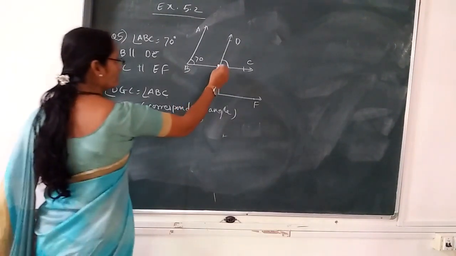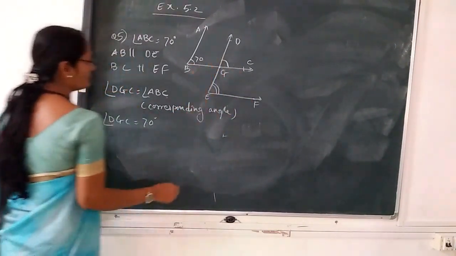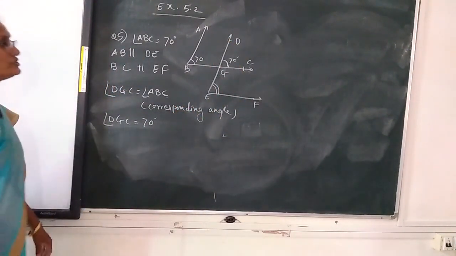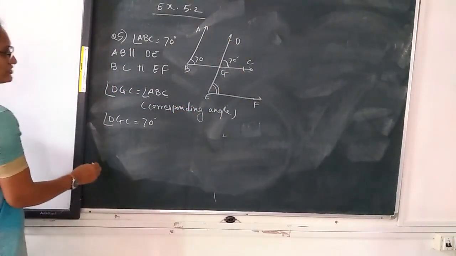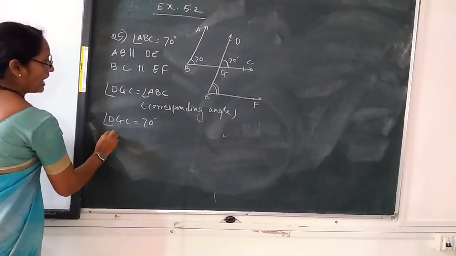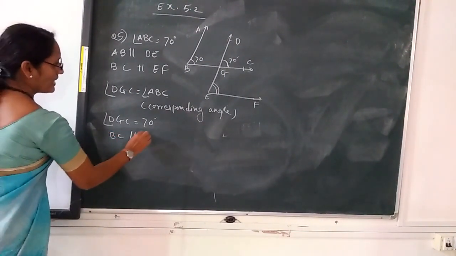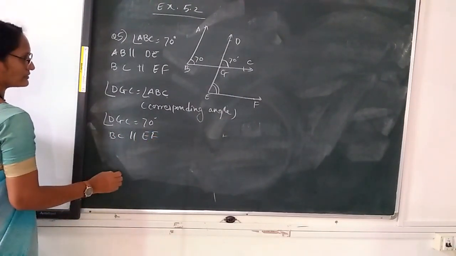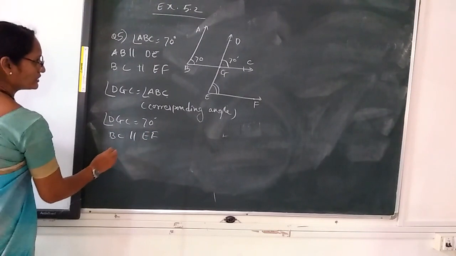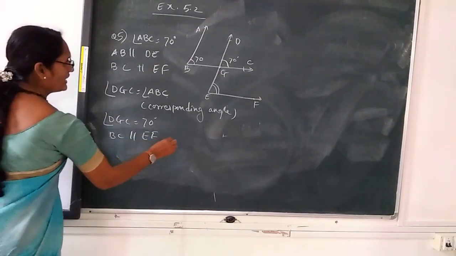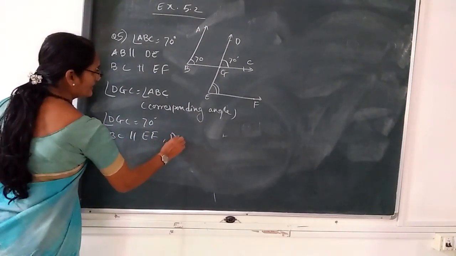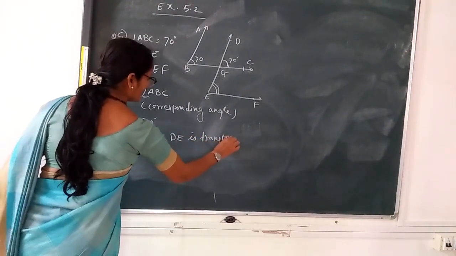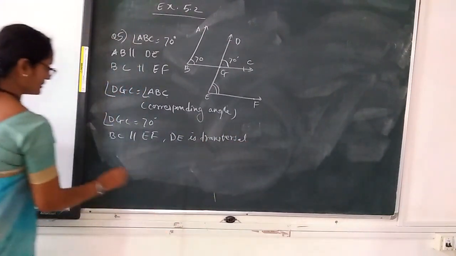Now we have to find out GEF. Now how will you find it? This is 70, so this is also 70. Now GEF is left. BC is parallel to EF. It is given that the arms of the triangle angles are parallel to each other. And what is the transversal? DE is the transversal.